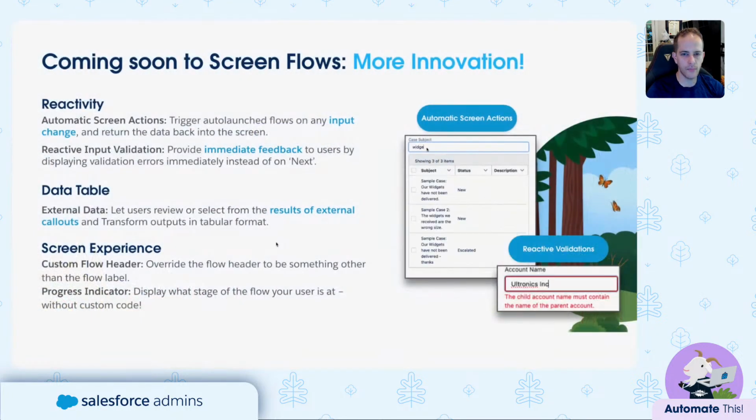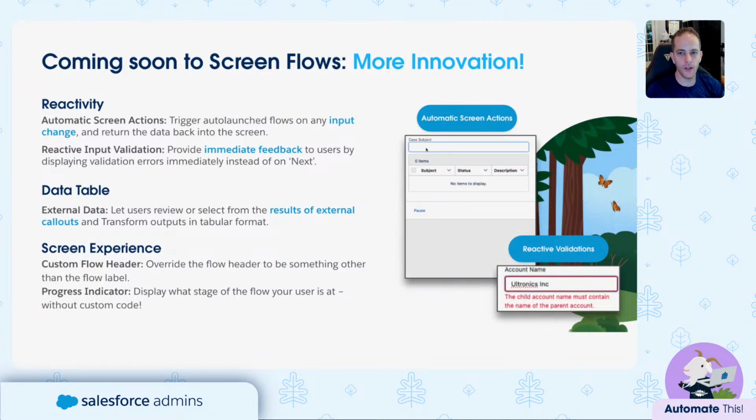All right, so what do we have coming on the reactivity front and then some other cool screen flow features? Well, I kind of hinted at it in the very beginning of what I was most excited about. Button actions, screen actions are kind of like phase one of these really cool screen actions. Phase two is something very similar to, I see Josh Damon's already in the chat, something that he built called Data Fetcher, which allows you to basically fetch data real time on your screen.